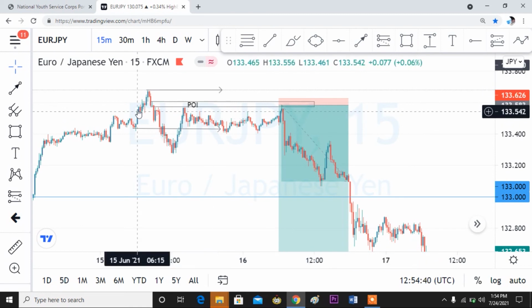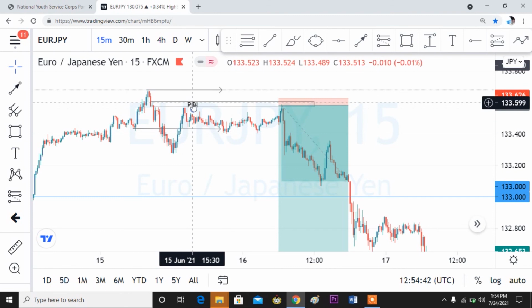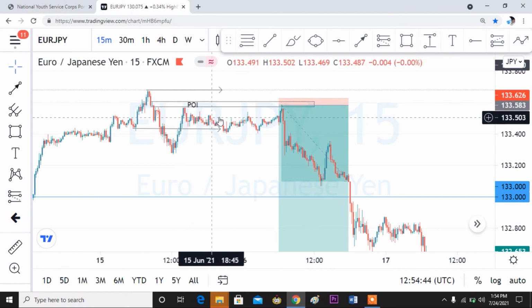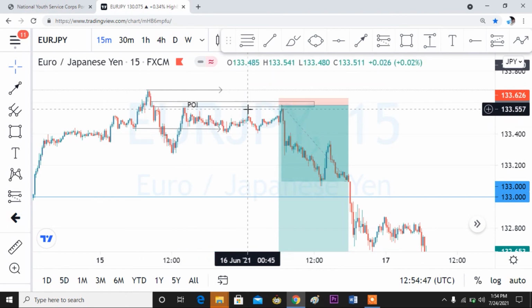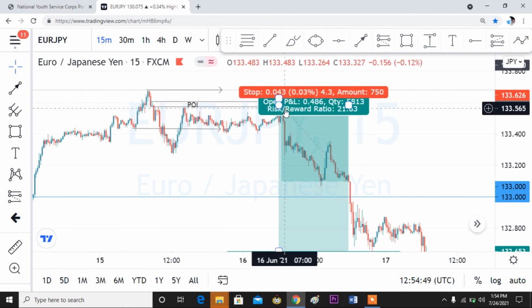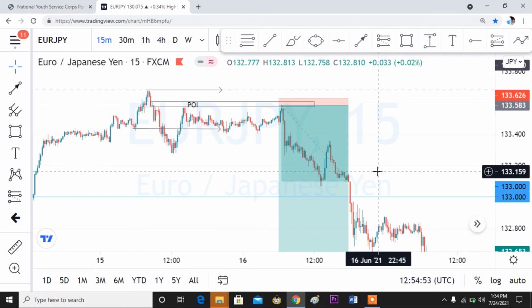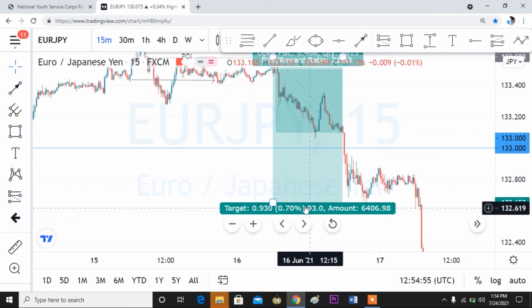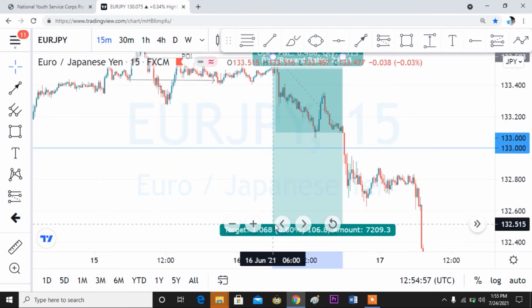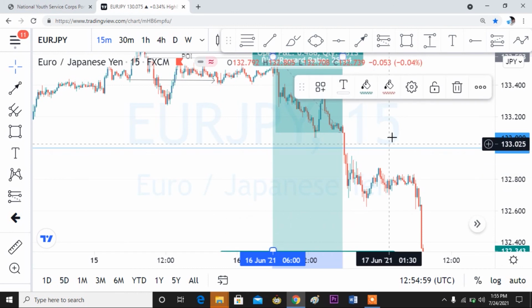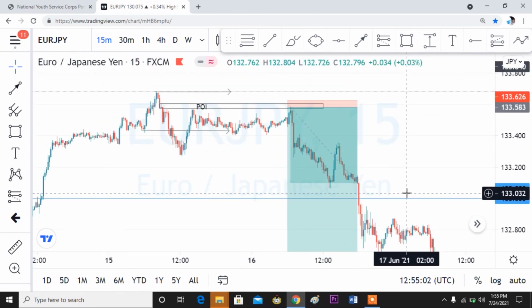As you can see here, price came back to our point of interest, though it took some time, and we shorted the market here, and we caught a lot of pips way down. So this is how to use this smart money concept, the order blocks.